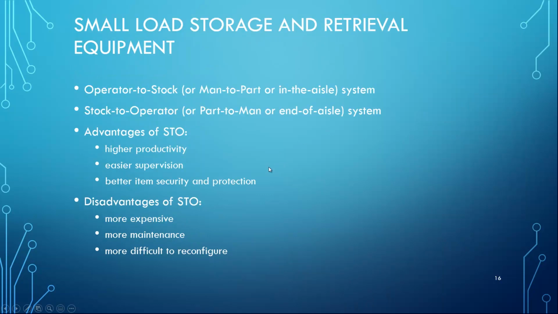For the small load storage and retrieval equipment, there are two options. Either the operator will go to the stocked items, or the stocked items will come to the operator. In the operator to stock, or man to part, or in the aisle system, the operator travels to the storage location to retrieve material, while in the stock to operator, or part to man, the material is mechanically transported to the operator for retrieval.